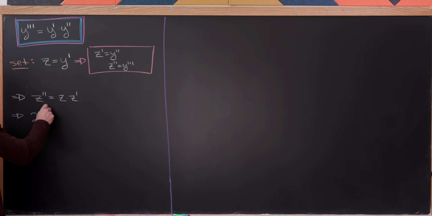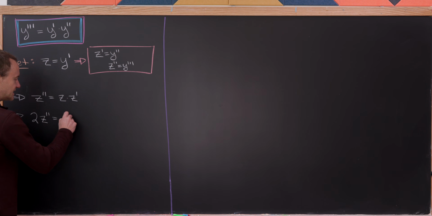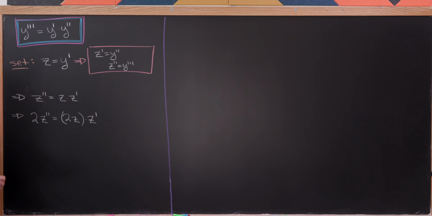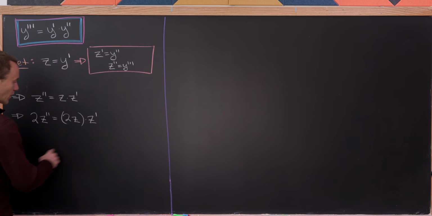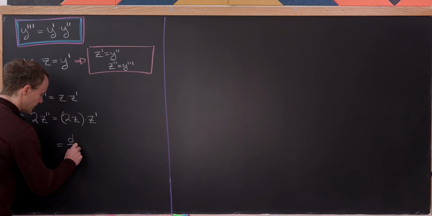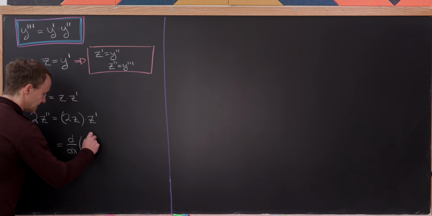So here we'll have 2z double prime is equal to 2 times z times z prime. And now look at this. This 2 times z prime is exactly the derivative of z squared. So we have this is equal to the derivative with respect to x of z squared.